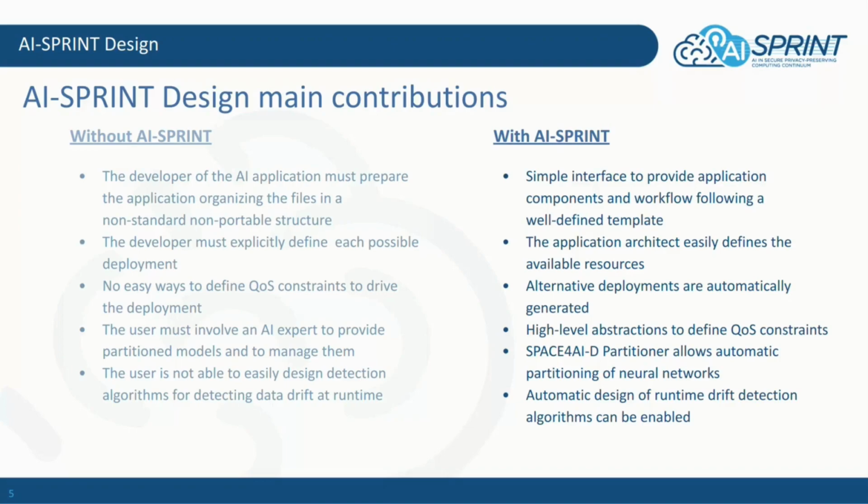Alternative deployments are automatically generated in the case of components with degraded accuracies, and high-level abstractions are available to define quality-of-service constraints to drive the application deployment. The SPACE4AI-D partitioner tool allows the automatic partitioning of neural networks-based components, and finally, the automatic design of runtime drift detection algorithms can be enabled to detect data drift at runtime.